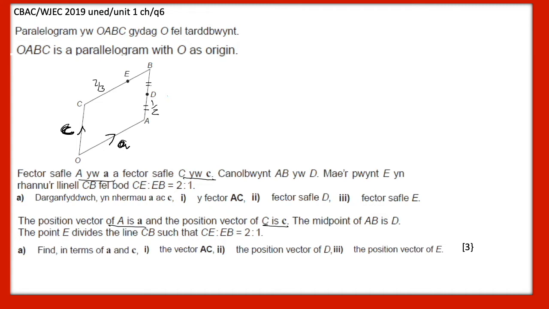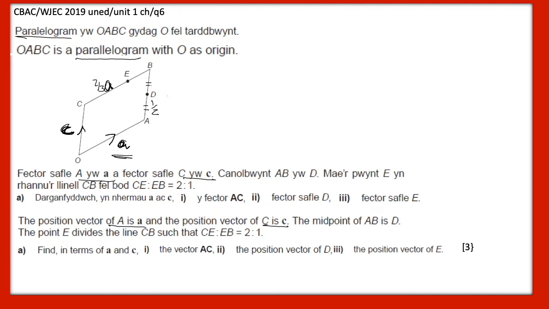And because it's a parallelogram, we know that in parallelograms, opposite sides are the same length and they've got exactly the same gradient. So therefore, if this side here is A, this distance here will be 2/3 of A because it's exactly the same length.